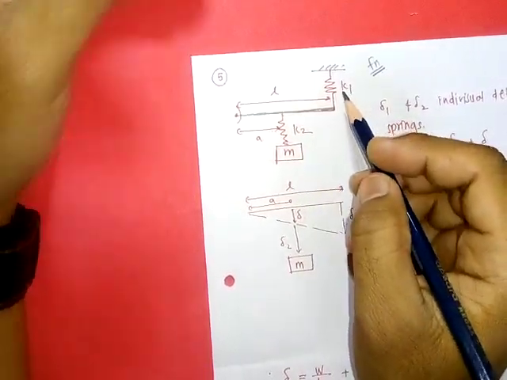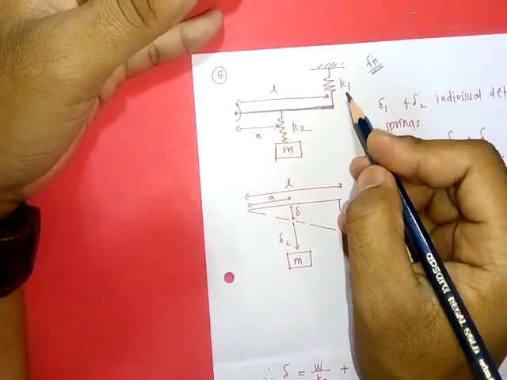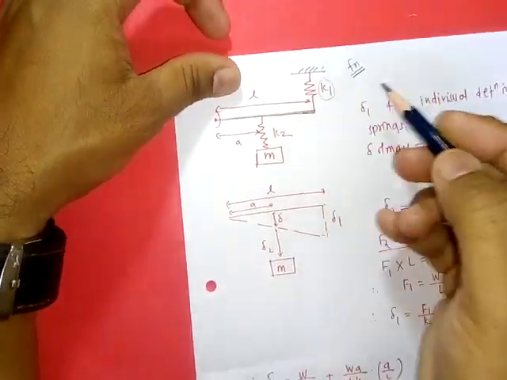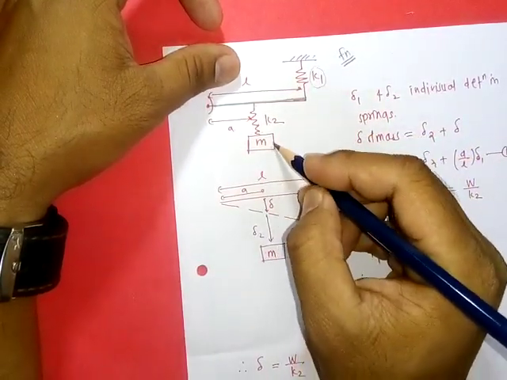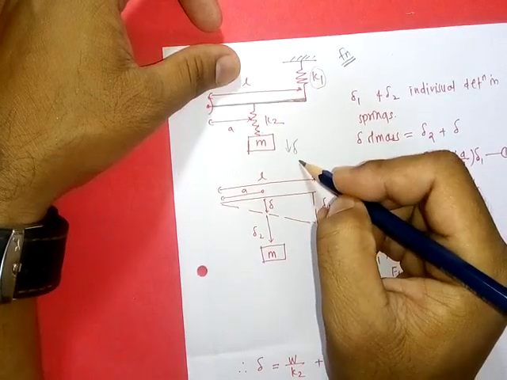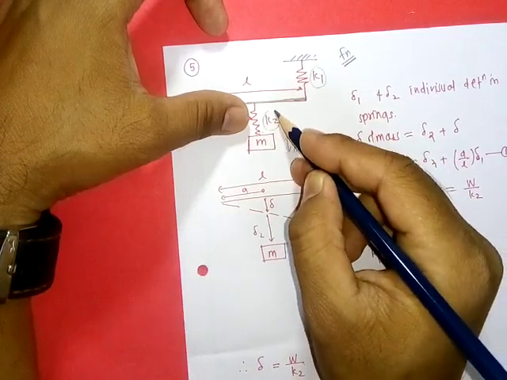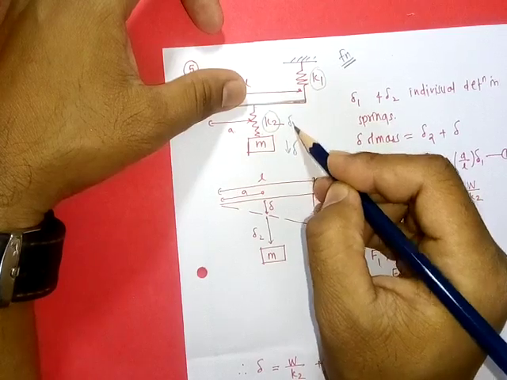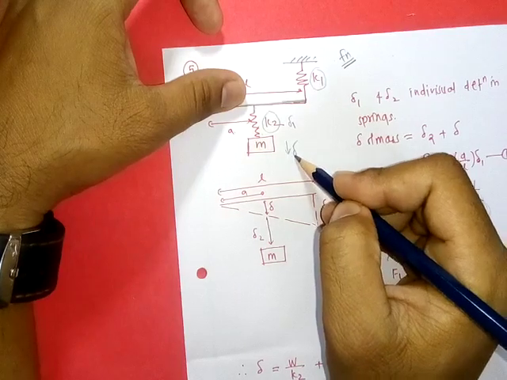Then, as seen in the last video, there are two springs having their own individual deformation. So here we are using the equivalent deformation method. Now consider that del is the deformation of the mass, then this deformation is due to deformation in spring K2. It means if there is a del 1 deformation, then this mass will be deformed by the amount del 1.